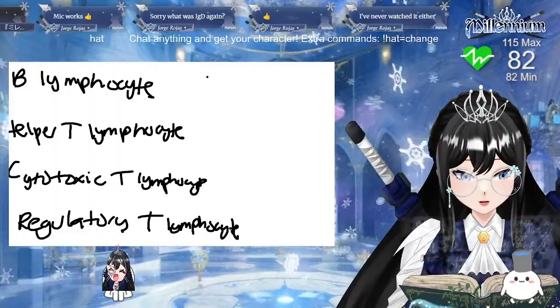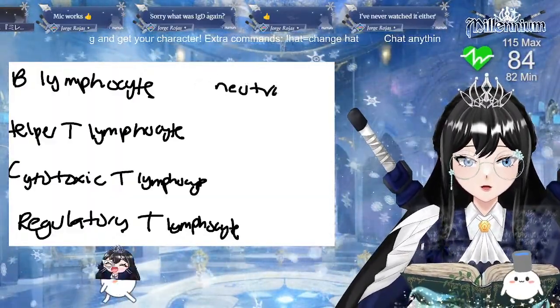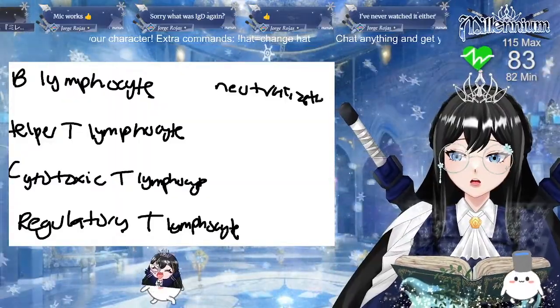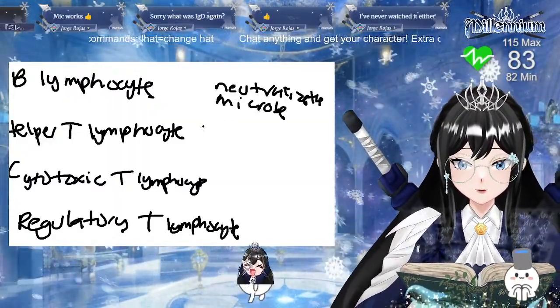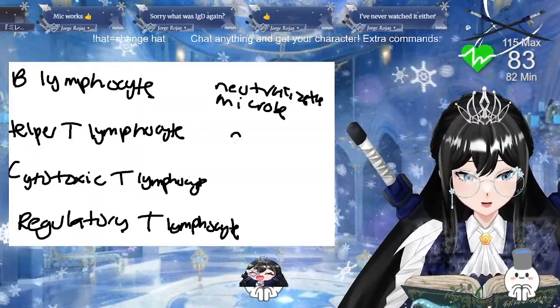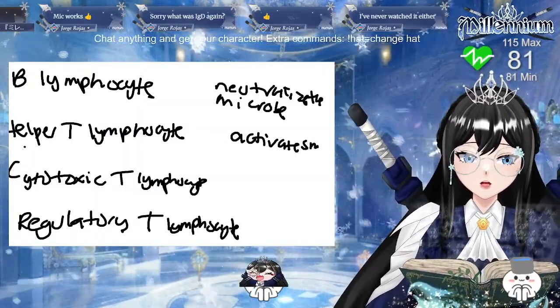B lymphocyte would neutralize the microbe. Helper T lymphocyte, helper T cells, activate the macrophages because they're helpers.